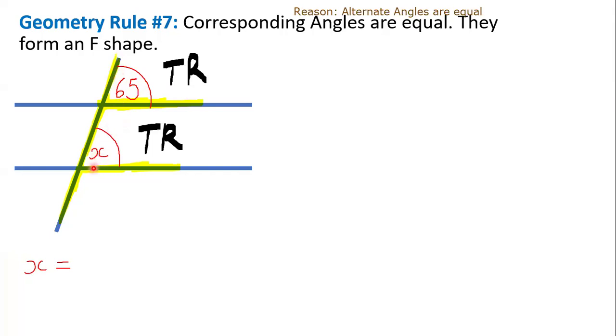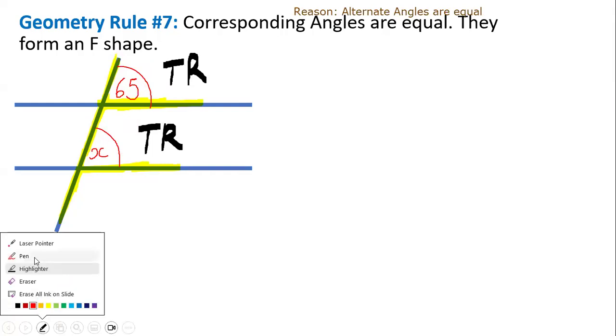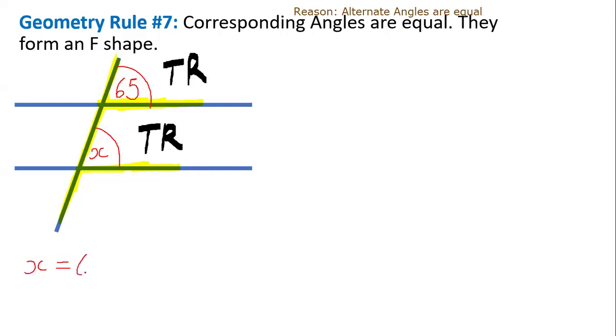Same thing with this X. It's to the top of this line, but it's to the right of this line. So top right. So X must be equal to 65 degrees.